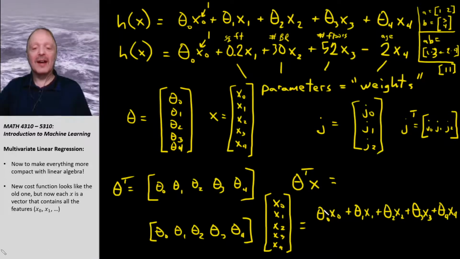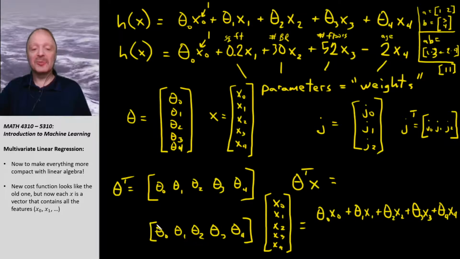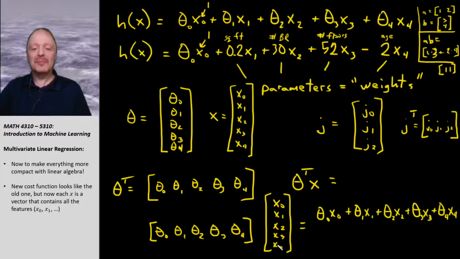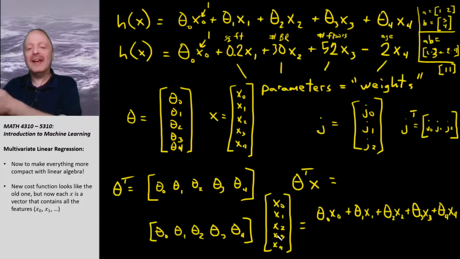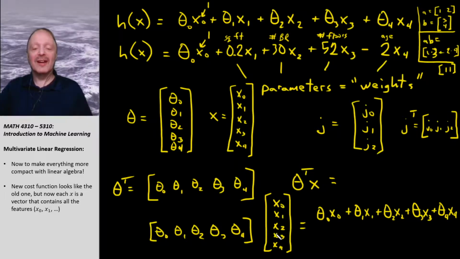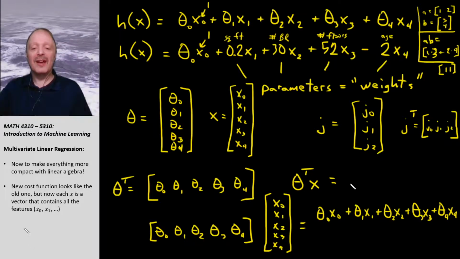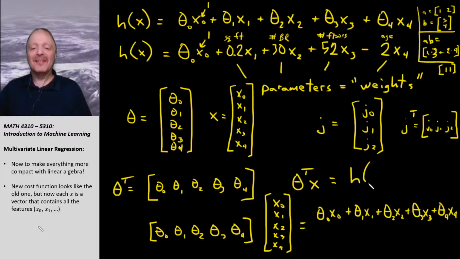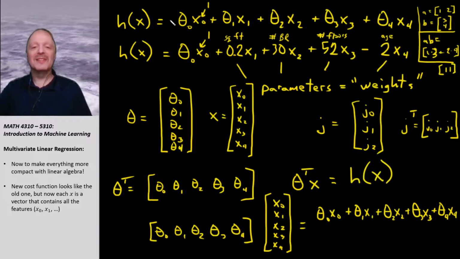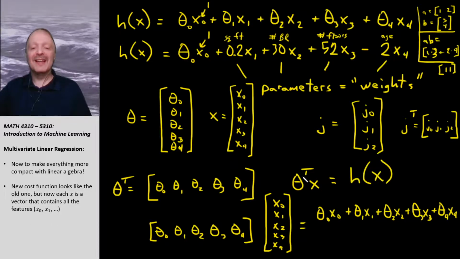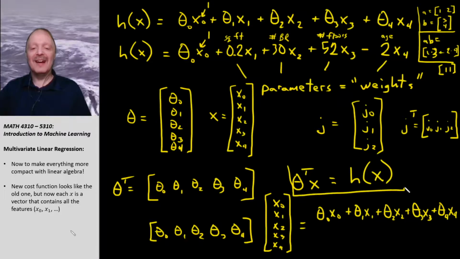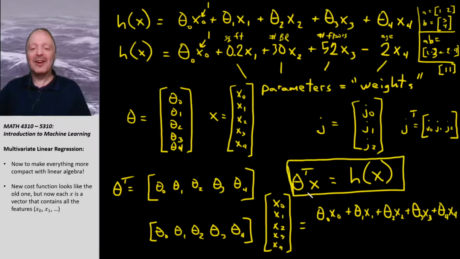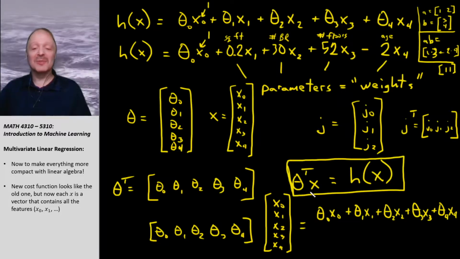So, if I do the matrix multiplication of the transpose of theta, multiplying my x column vector, I wind up with theta transpose x equal to the hypothesis function that I have written up here. Except now I can write that hypothesis function in about as compact an expression as possible.